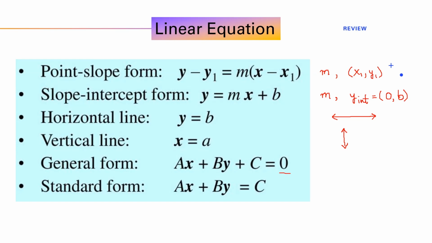For the standard form, the number or constant will be on one side, and the x and y terms will be on the left hand side. We don't usually use the general form and the standard form. Mostly we will use the first four.